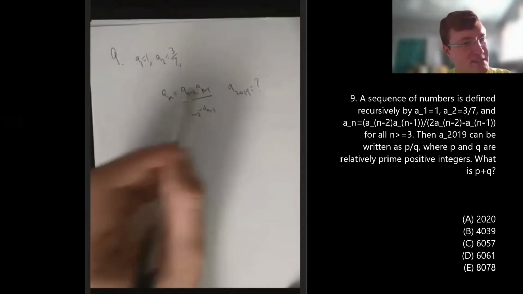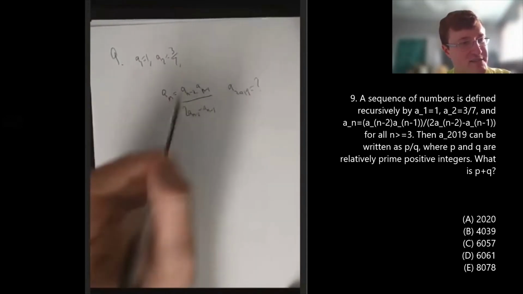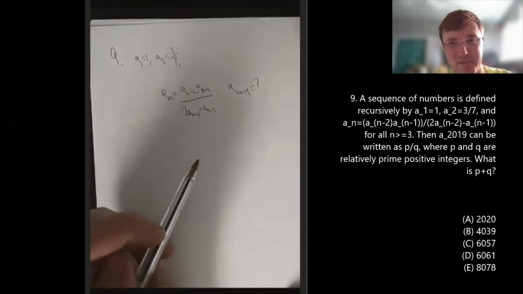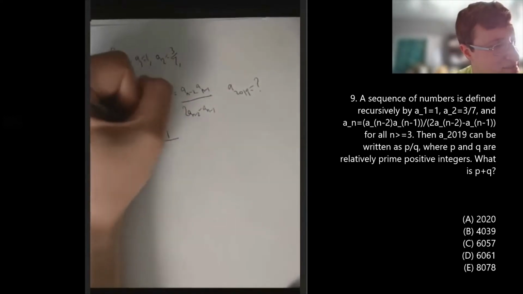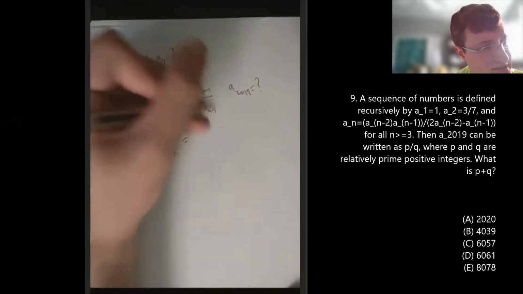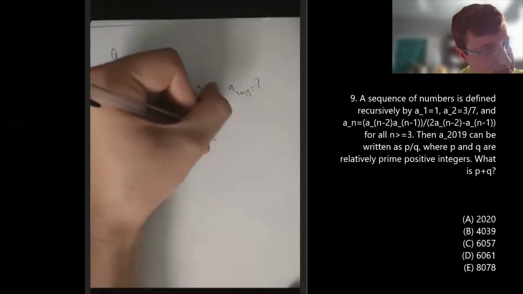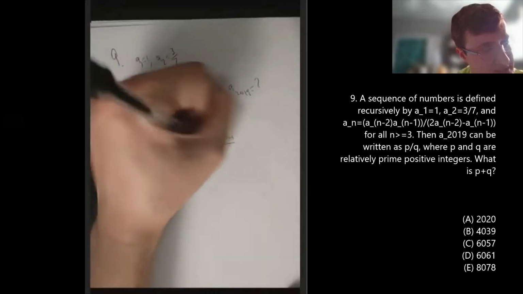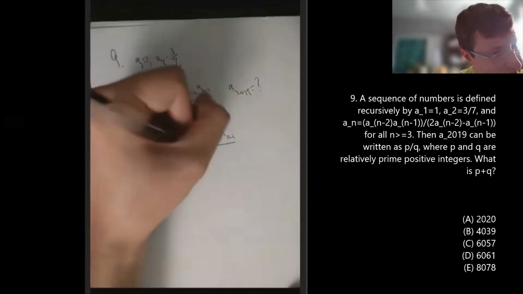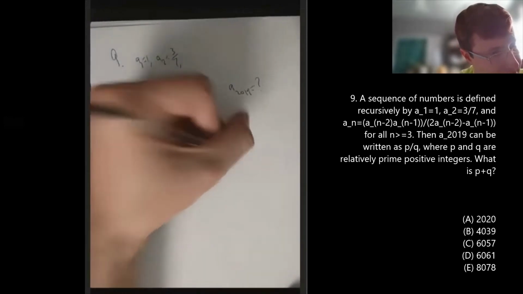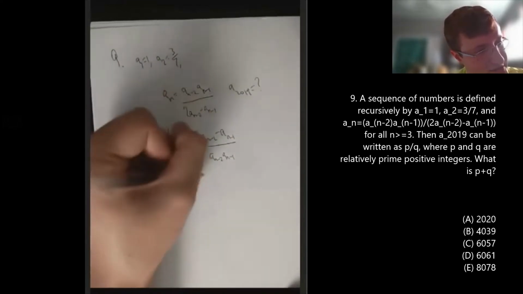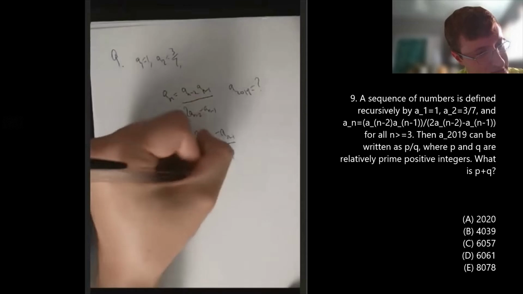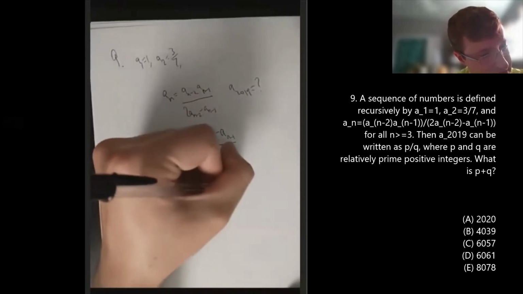This kind of looks like if I had the reciprocal here, then it would be easier to work with, because then I'd have a product in the denominator. So let me take the reciprocal. So I get (2a_{n-2} minus a_{n-1}) over a_{n-2} a_{n-1}. Okay, so 1 over a_n equals 2 over a_{n-1} minus 1 over a_{n-2}.